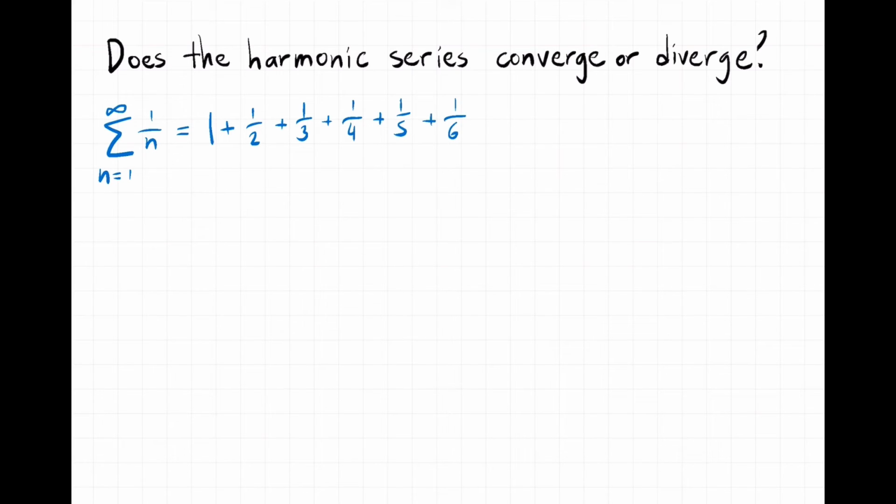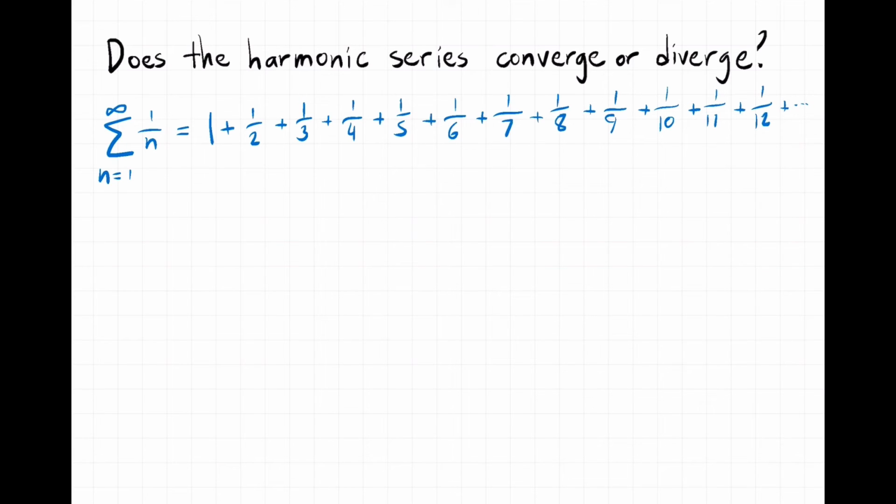I'm going to write out quite a lot of terms, as many as I can actually fit on here, because it's going to be helpful to us. Plus 1/7 plus 1/8 plus 1/9 plus 1/10 plus 1/11 plus 1/12 plus, and so on. Now let's see if we can figure out whether this series converges or diverges.